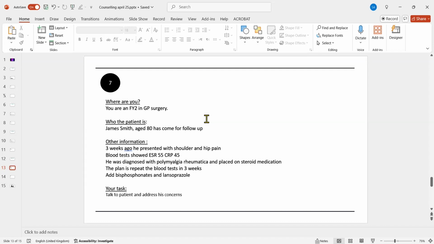Also, it weakens immunity and makes the body more susceptible to infections, and it weakens the bones. Is that clear? Are you able to follow me so far? Yes, doctor. So there are many complications of this medication. So I think that I should stop corticosteroids, just not to have these side effects.